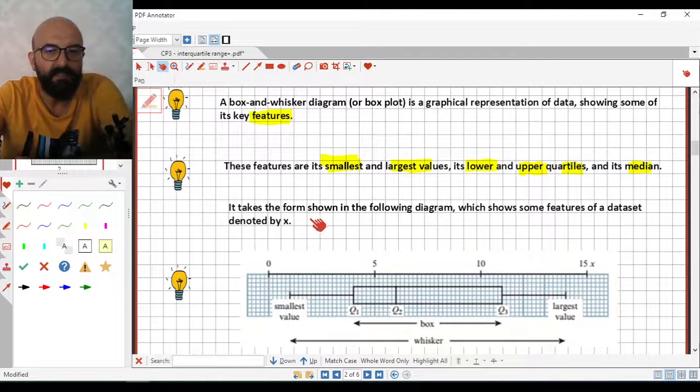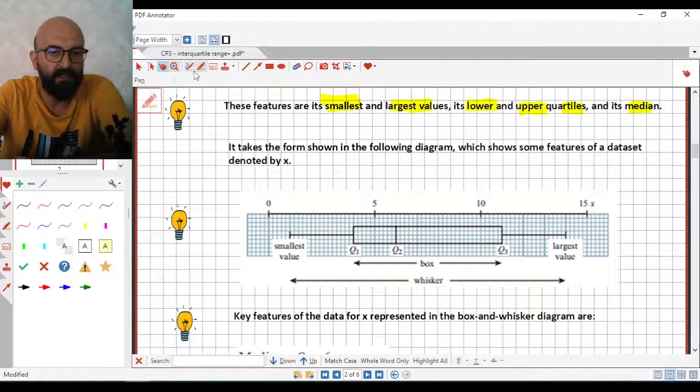For example, in the box and whisker diagram, this point is the smallest value, this point is the largest value, this point is the lower quartile, this point is the upper quartile, and this point is the median or Q2. This part is the box, and the other parts are the whiskers.